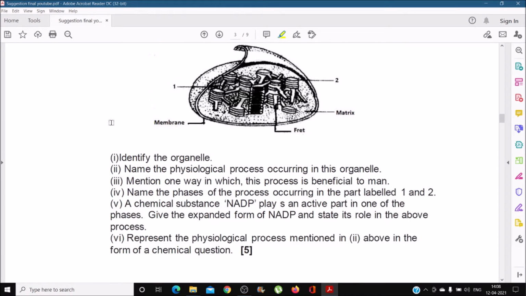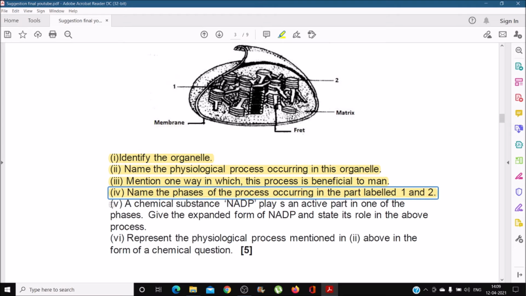This is the structure you have to answer. Identify the organelle. Next, name the physiological process occurring in the organelle. Next, mention one way in which the process is beneficial to man. Next, name the phases of the process occurring in the parts labeled A1 and 2.